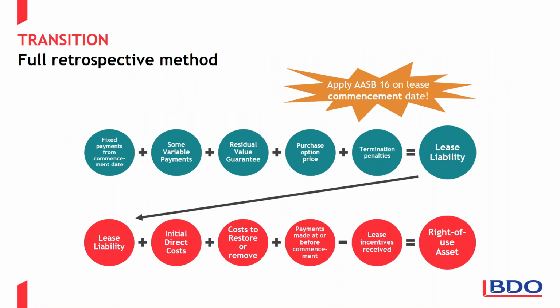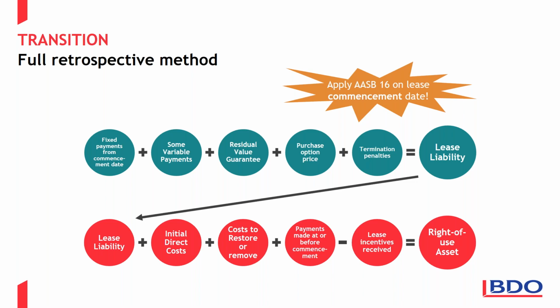A more visual representation of these methods is the following. So when you look at the full retrospective method, this will be you apply AASB 16 or IFRS 16 on lease commencement date. So you have to go back to the start of each and every lease and apply AASB 16 from that date. So you need really good information.